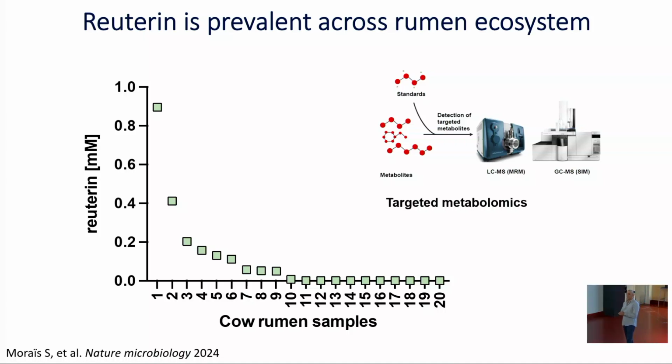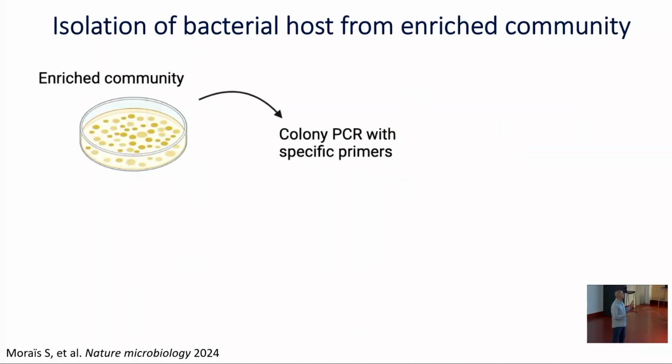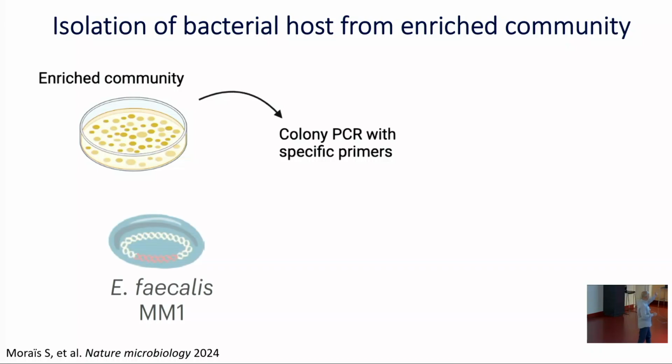Why? Because Sarah is amazing, and she used these physiological concentrations as a selective agent to isolate the microbes that carry the plasmid. And lo and behold, we actually found a microbe that has the plasmid within it, Enterococcus faecalis, belonging to the Enterococcus family that we predicted would carry this plasmid.